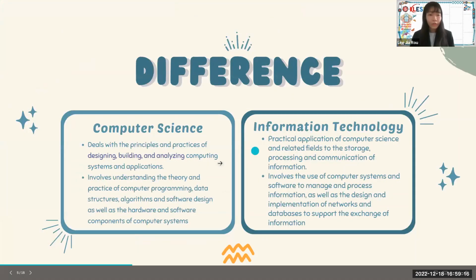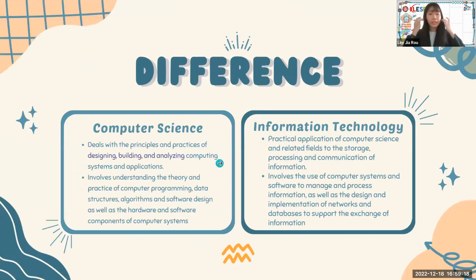Okay, so computer science, basically, you will be designing, building and analyzing the system. And then you will need to understand the theories and also the practice of computer programming. You will also learn data structures, algorithms, and software design.